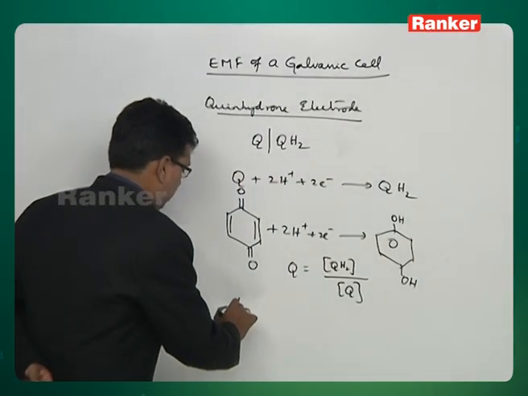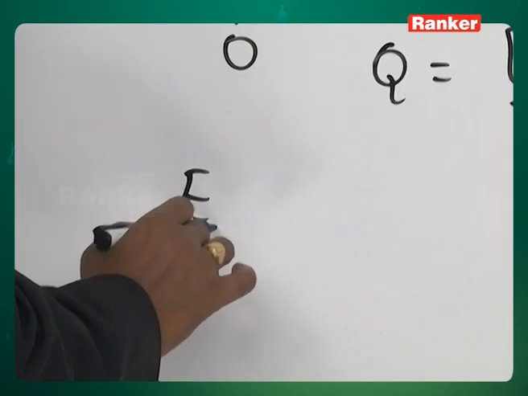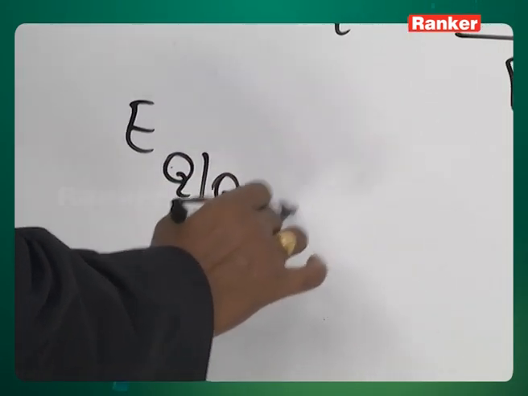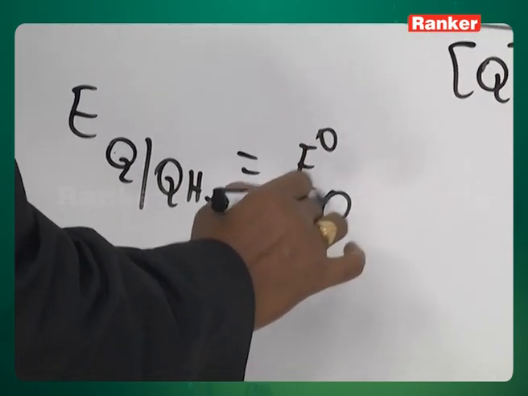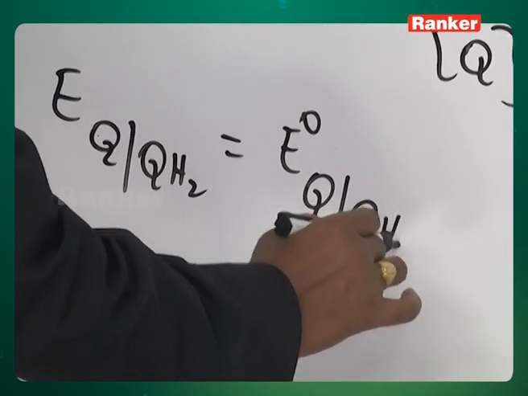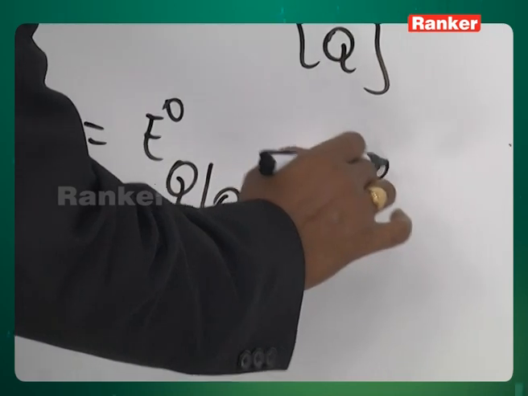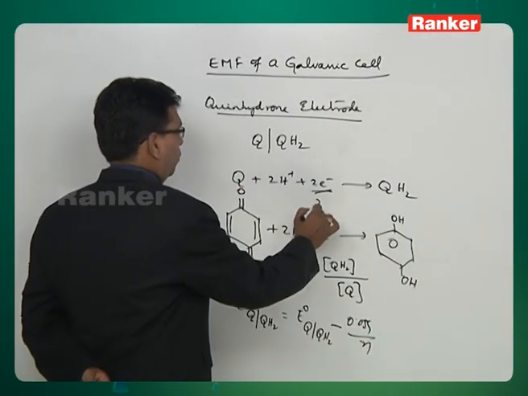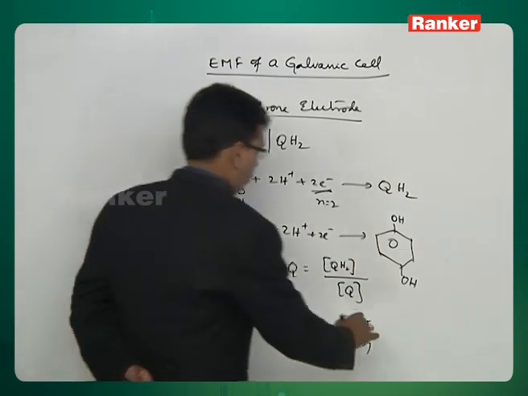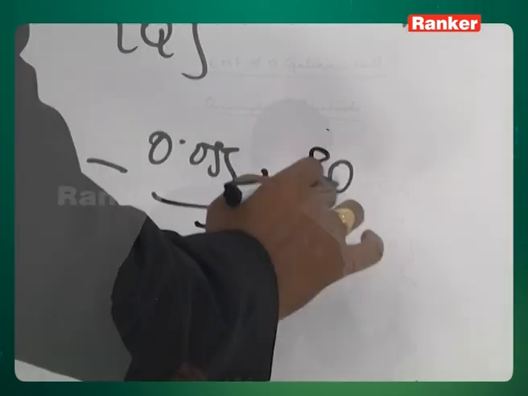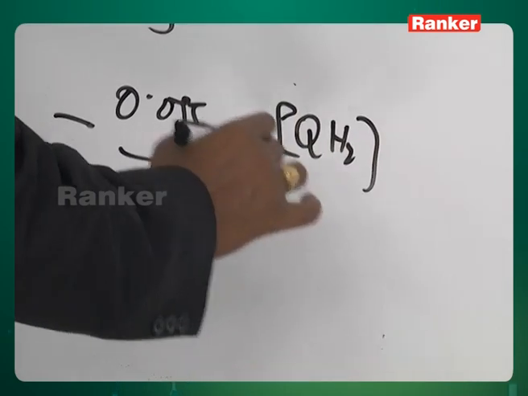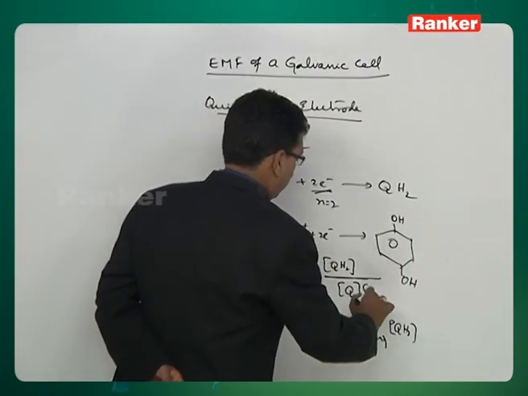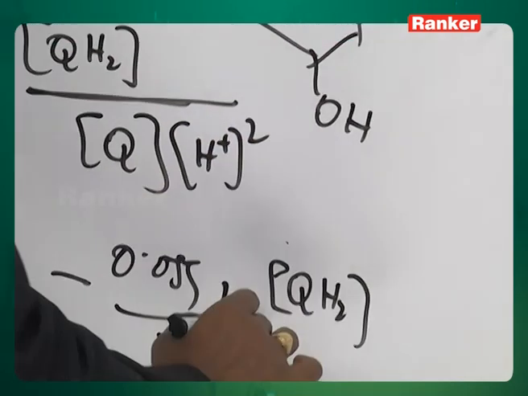So, E of Q/QH2 is equal to E naught Q/QH2 minus 0.059 by n, where n is again equal to 2, log QH2 by Q into H plus square.